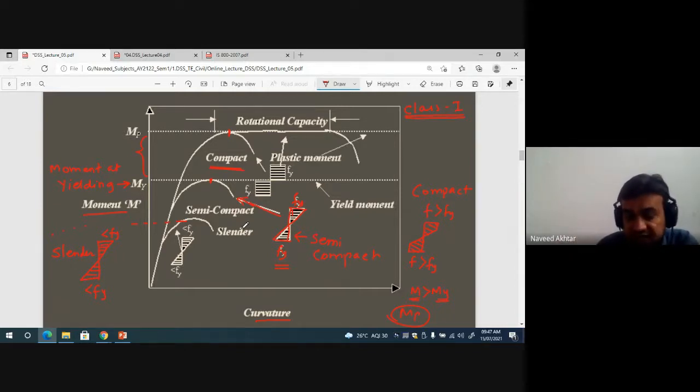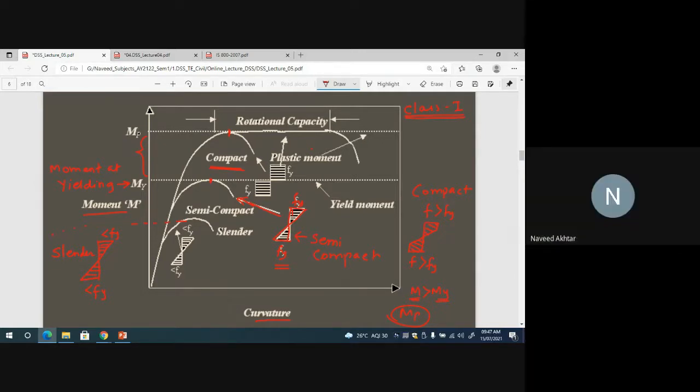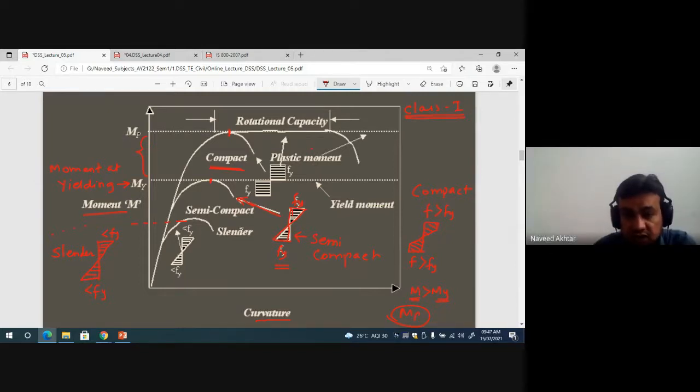So here you can see the class 1 plastic. When you join in between, you are disturbing the class, and not only you, you are disturbing the students who joined before. So class 1 is the plastic section, and here the plastic moment comes into the picture, and the stress diagram will be rectangular.